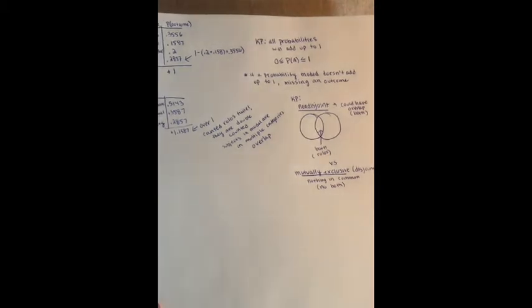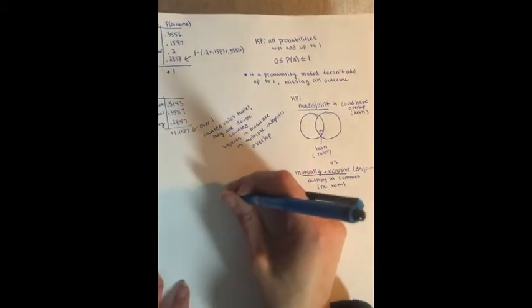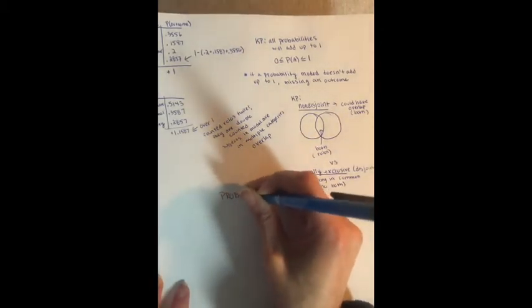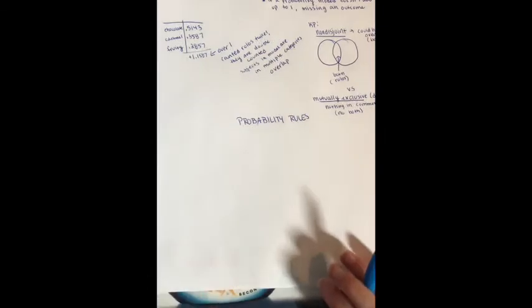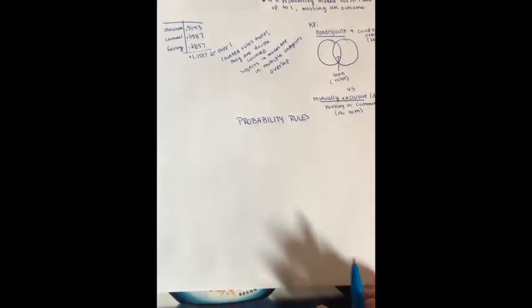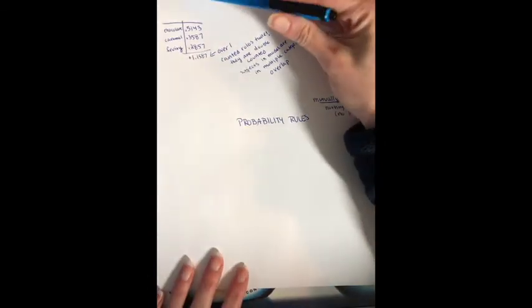Okay, cool. So now what we're going to move on to are probability rules. We're going to be using this chart up here to start.